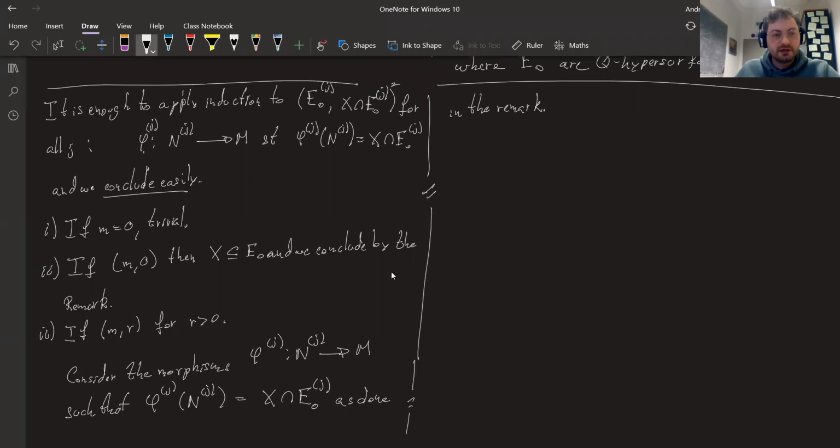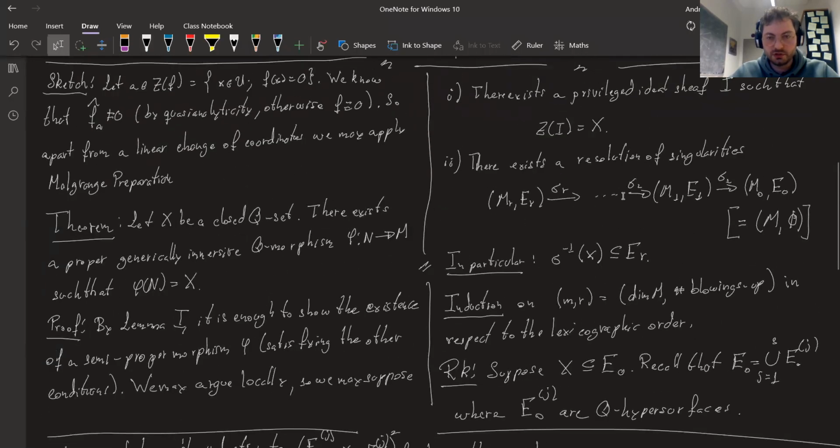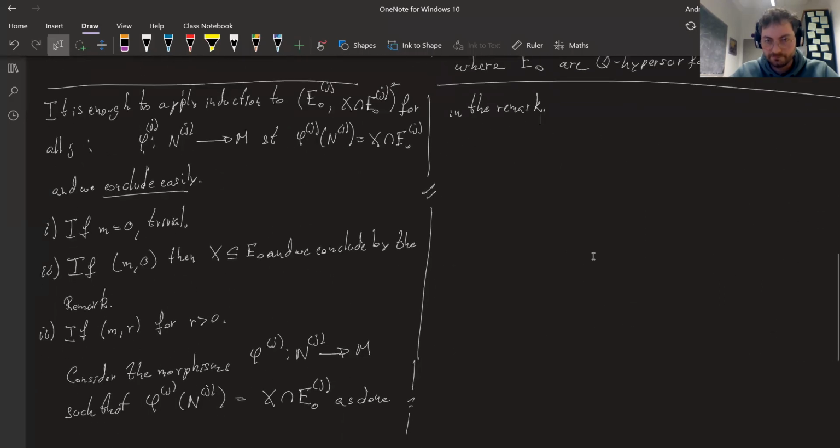Moreover, there's another one that I want to use, which is the one given by the first blowing up. So we have a sequence of R blowings up, and I'm going to name the first one of them sigma 1, which will have center C1. So let C1 be the center of sigma 1.